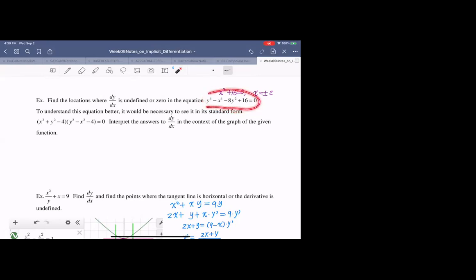This could be a hyperbola or parabola or a circle or ellipse. You don't know the shape. So they ask you, whatever this graph looks like later on when you draw it, to find where the derivative is undefined or 0. This is a place the derivative is undefined, right? Vertical slope or the horizontal slope. So you're looking for those points.